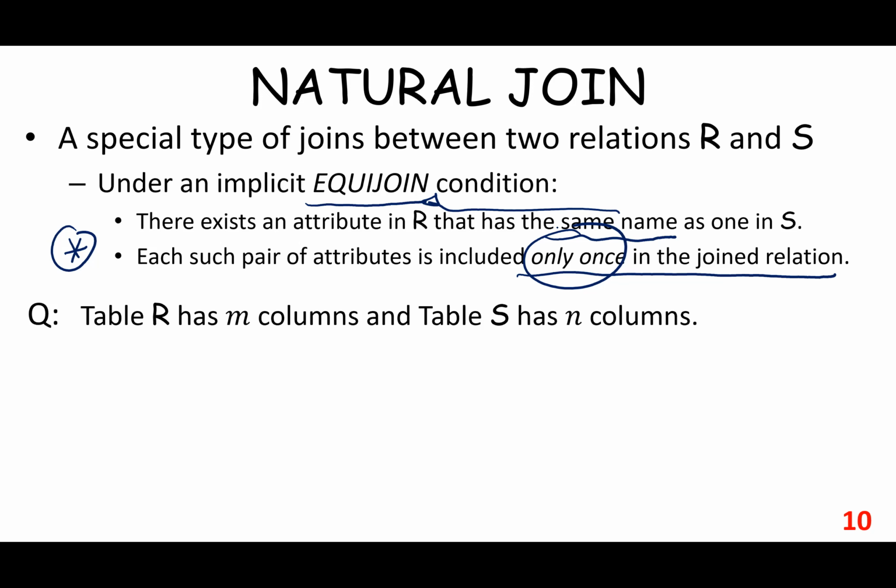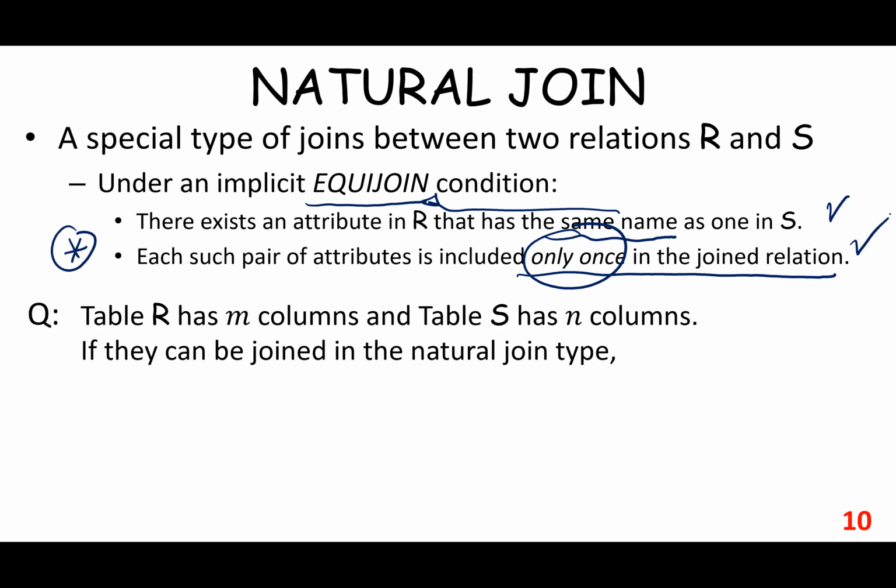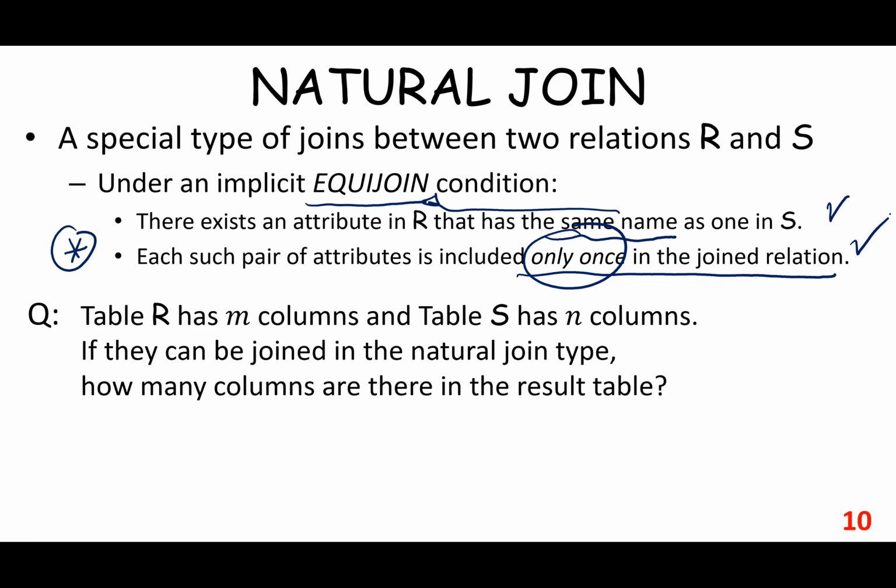Now the question. Table R has m columns, and table S has n columns. We also know they can be joined in natural join type, which means the above two conditions are satisfied. How many columns are there in the result table? A simple question to check your understanding of this natural join concept. Remember, only once.